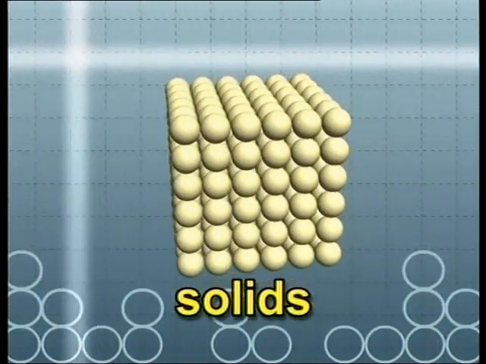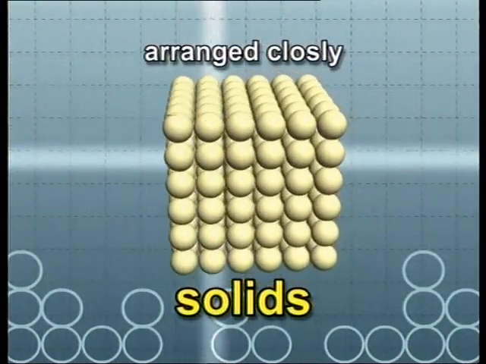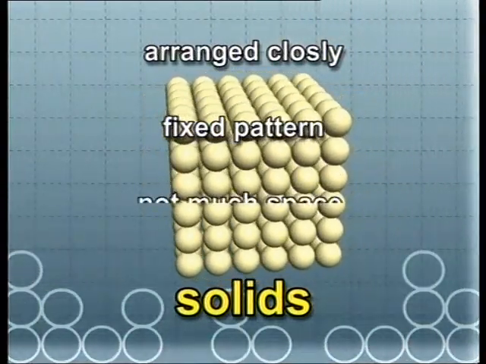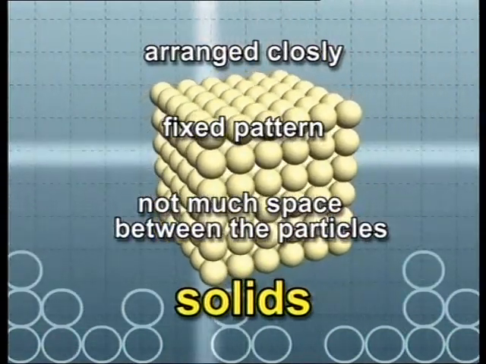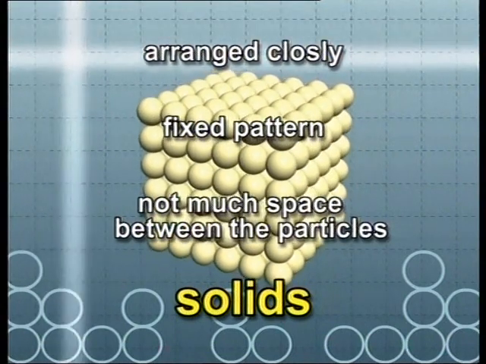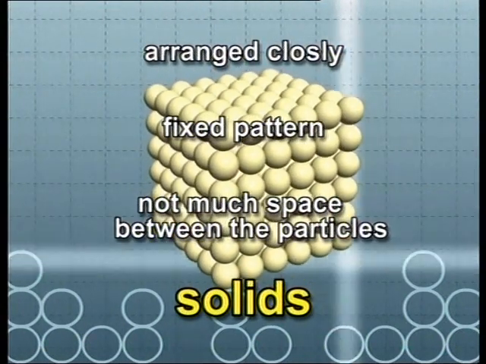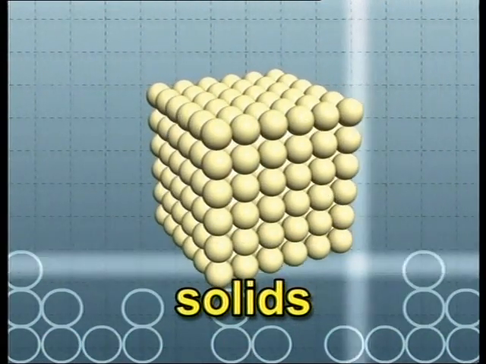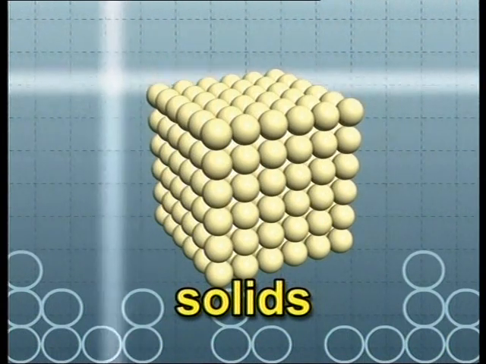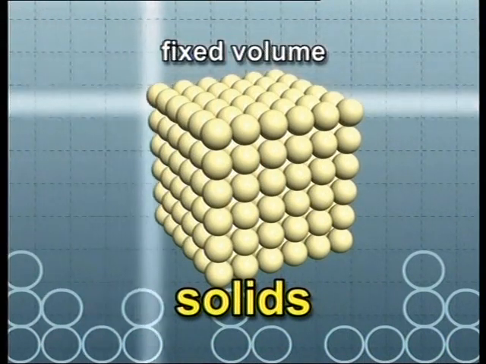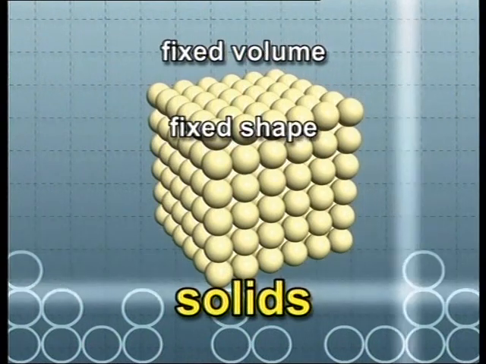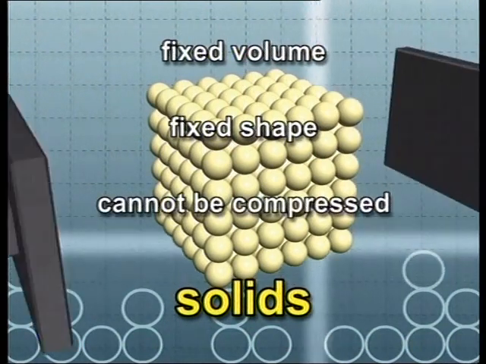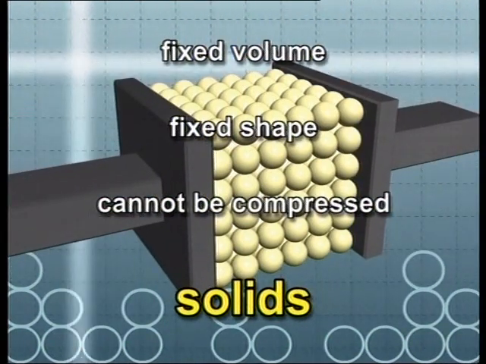The particles are arranged closely and are packed in a fixed pattern. There's not much space between the particles. This arrangement tells us that solids have a fixed volume, a fixed shape, and cannot be compressed. Meow.